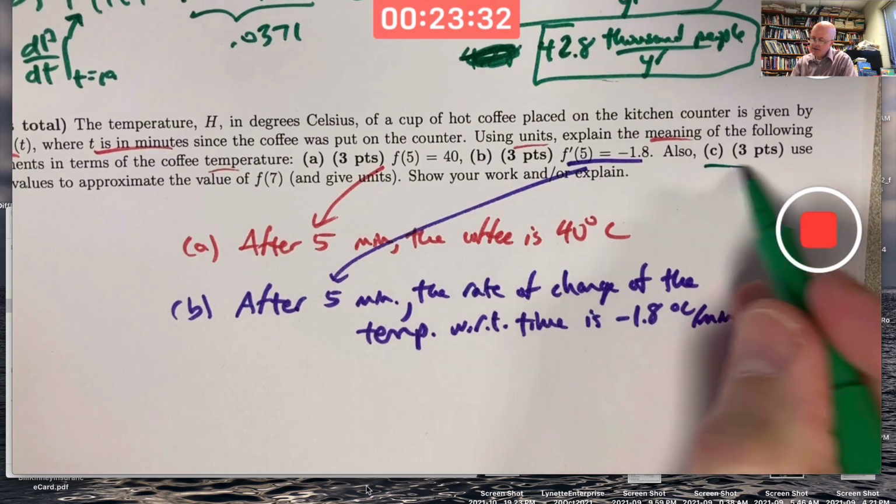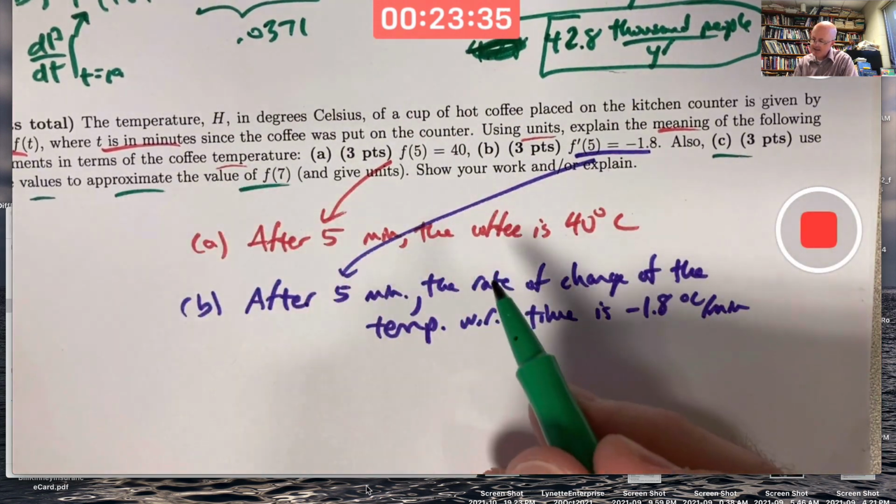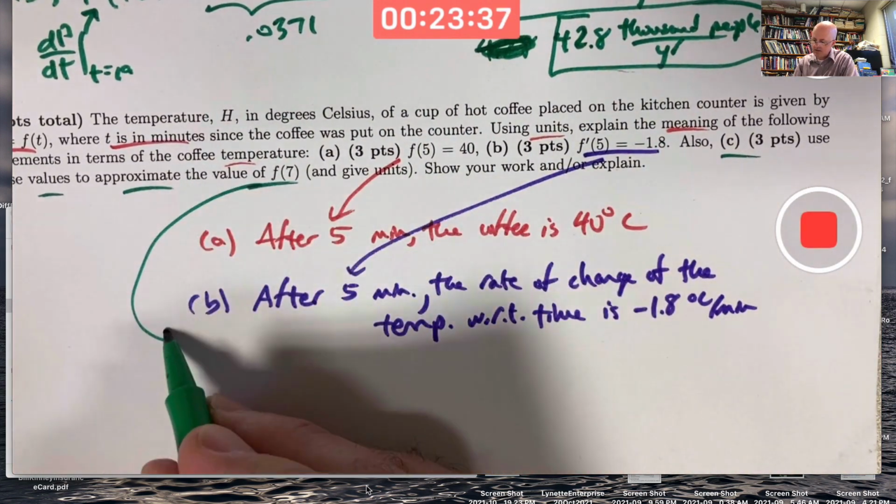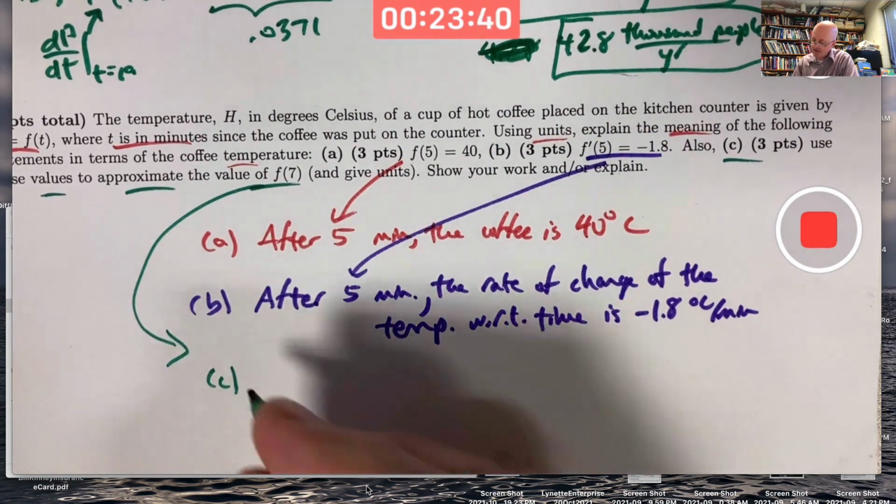Part C, use these values to approximate the value of f of 7. So this is part C, use a linear approximation.